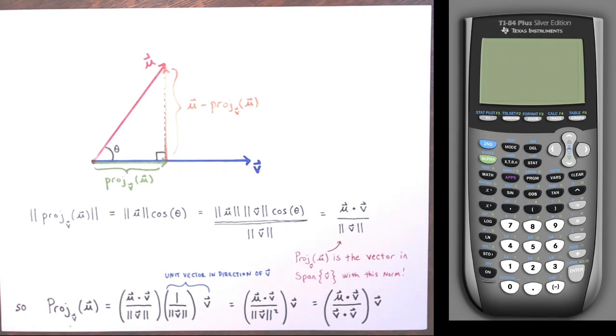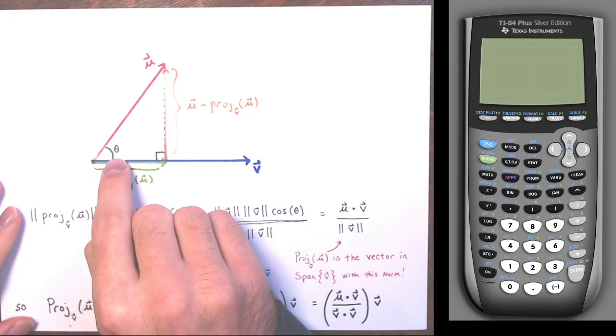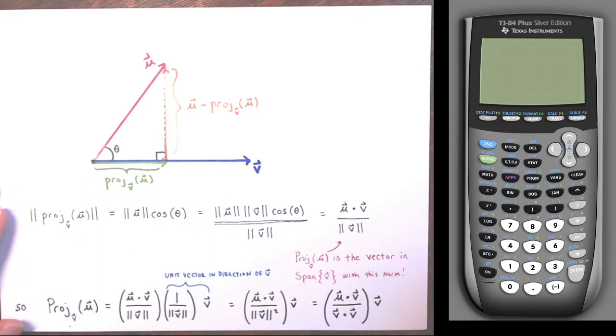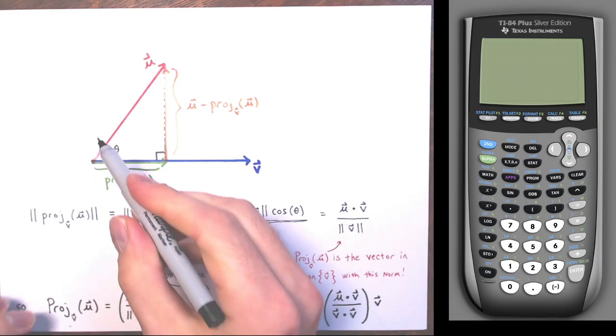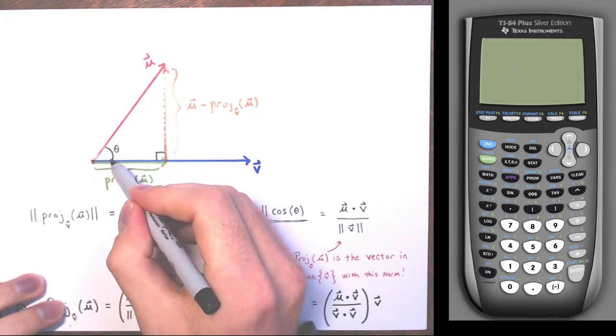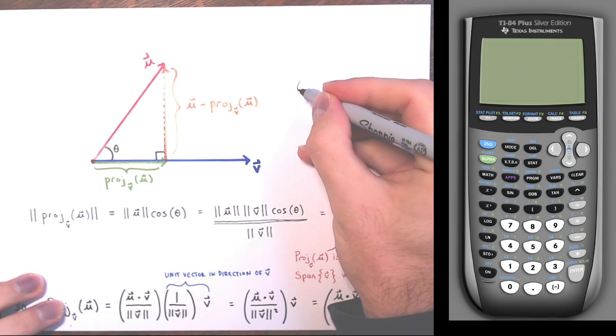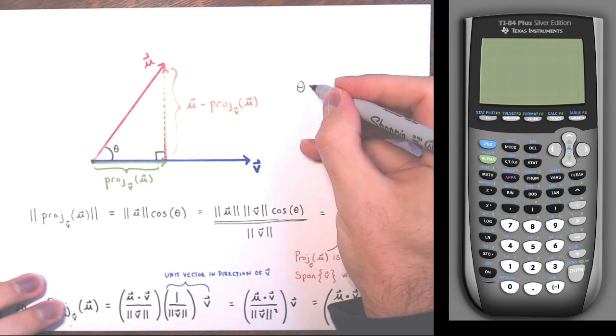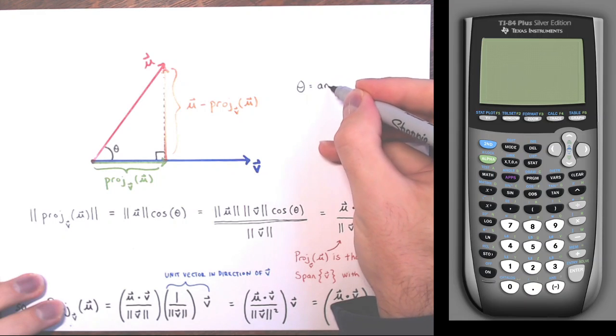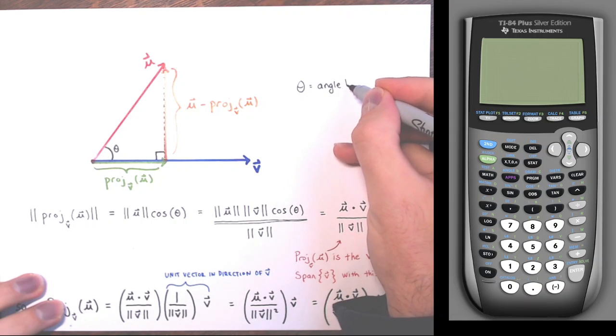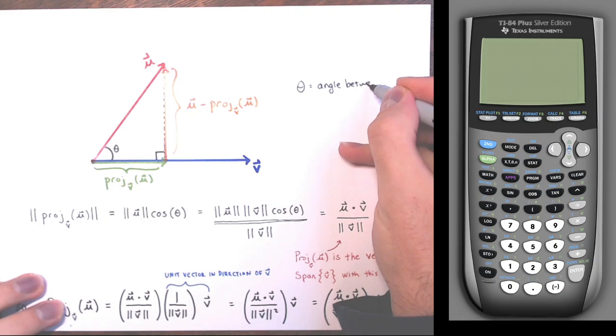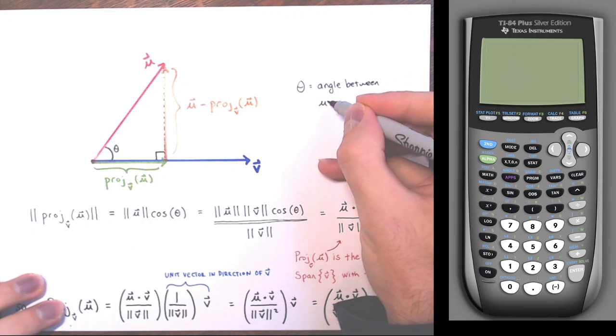I've put some notation in here. Here's theta, the angle between vectors u and v. I'll write this off to the side. Theta here represents the angle between u and v.